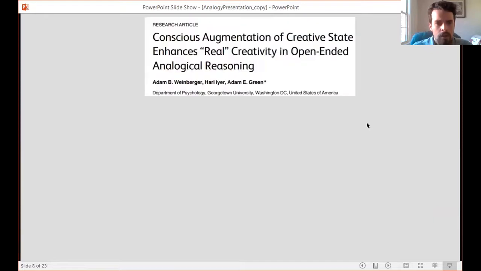All right, so another variation of this task that we developed was this analogy matrix task. Here we looked at another way to involve creativity within the context of this task. There's a paper by Adam Weinberg and Adam Green called Conscious Augmentation of Creative State Enhances Real Creativity in Open-Ended Analogical Reasoning.